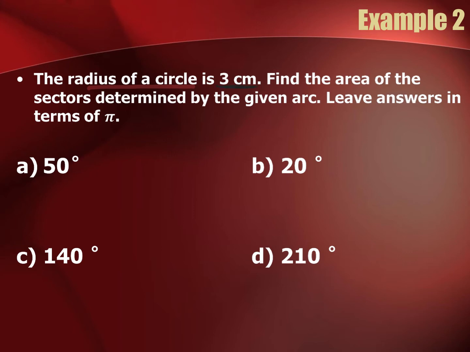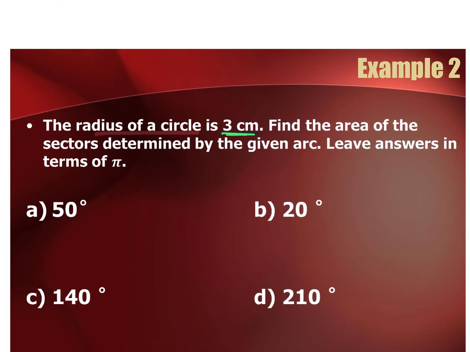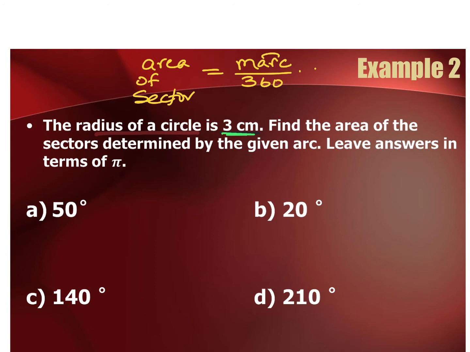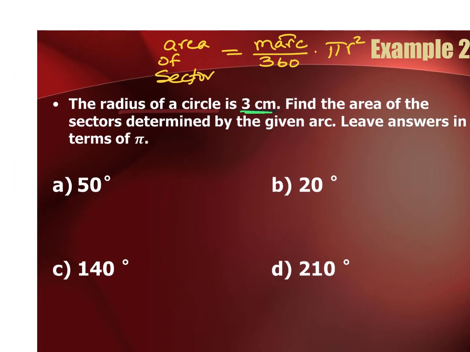So the formula that we're going to be using for all of these is going to be area of the sector is equal to measure of the arc divided by 360 times pi times radius squared. So this is the formula we're using for all four, and the radius for all four is going to be 3, because we got to square it. So I'm going to fill in.